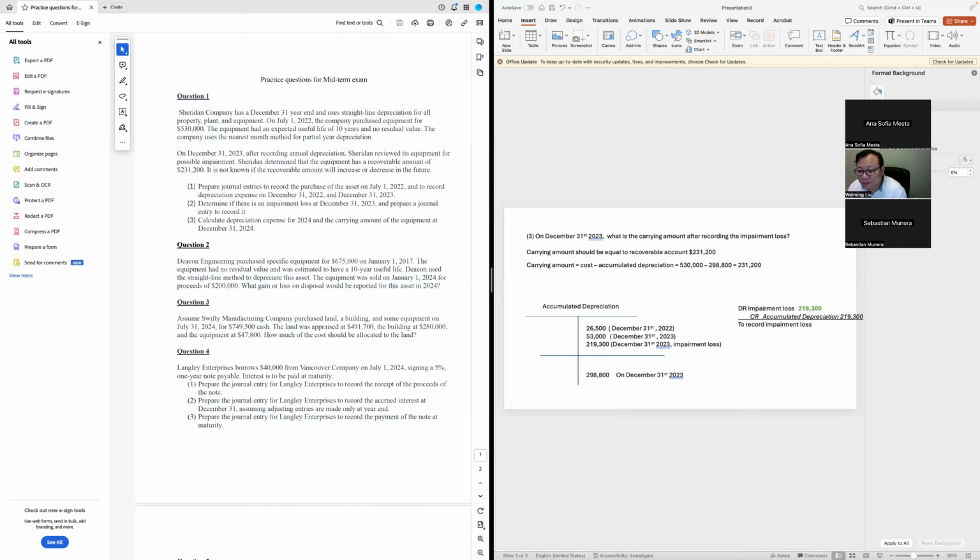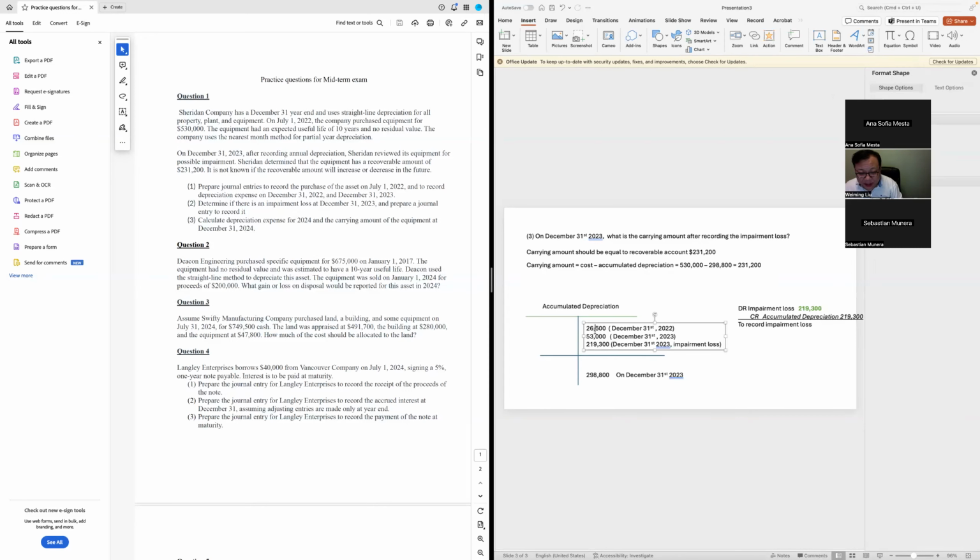Does this make sense? Yeah, we are working on question 1, number 3. Yes. My carrying amount after the impairment loss recognition. From where you got the 298,000?